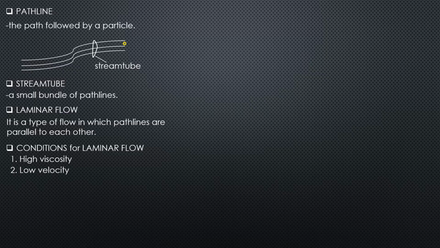Because of high resistance to flow, as a result, the velocity will be low. So we expect laminar flow, such as flow through voids in soil, where a water particle may travel only 1 centimeter in a year, depending on the type of soil. So we expect laminar flow for that.